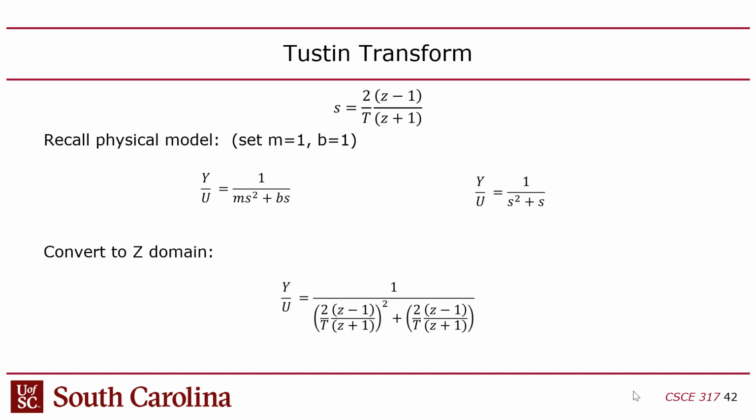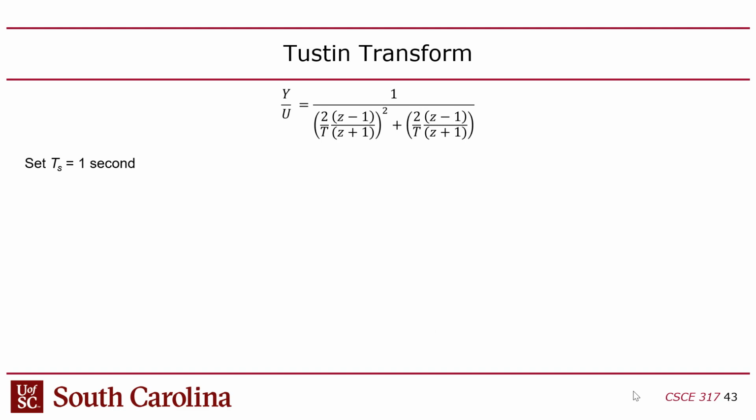If you convert this using the Tustin transform, you get this. You can see it becomes complicated really fast because you have to substitute that in for s. So now I'm in the Z domain, right? I'm also going to set Ts to 1 second, my time step.